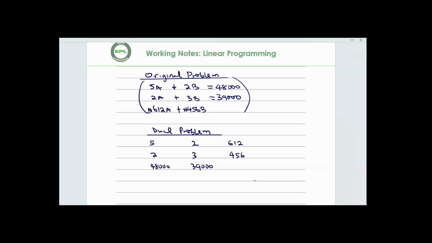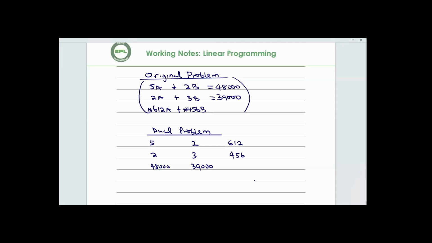In the original problem, the constraints are 48,000 and 39,000. Now they have turned to cost, it's no more a constraint. The contribution you had before has now turned to the constraints, 612 and 456.